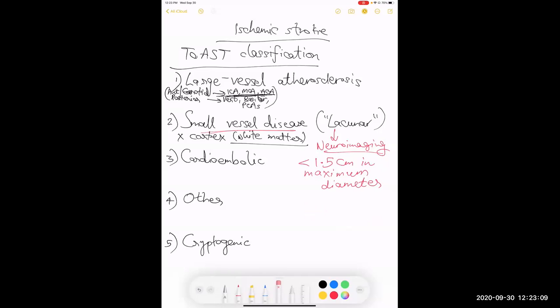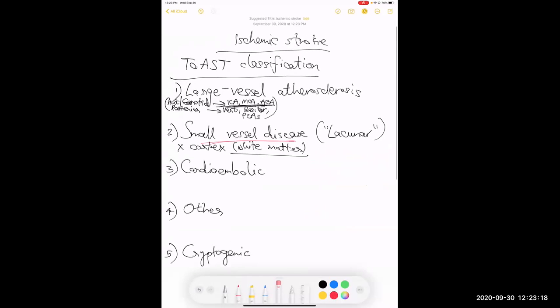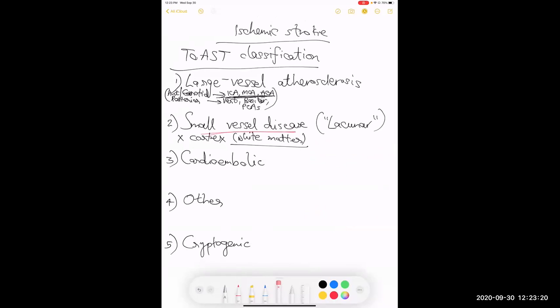And of course, clinically, they don't have any cortical signs, the small vessel disease. So these are your lacunar strokes. The most common sites of involvement are internal capsule or corona radiata. For people who don't know this, all of this is in the neuroanatomy PowerPoint. They may even have it in the pons from the perforators of the basilar artery. So that's your small vessel disease.